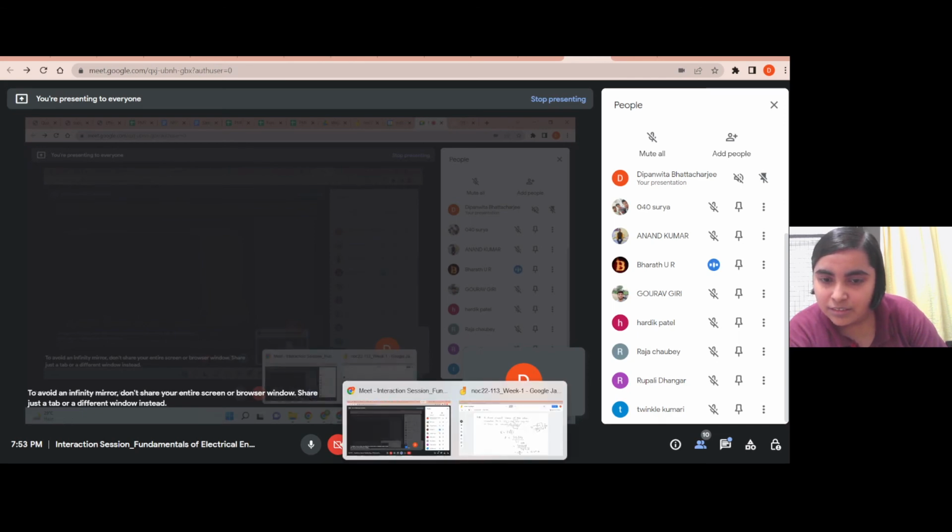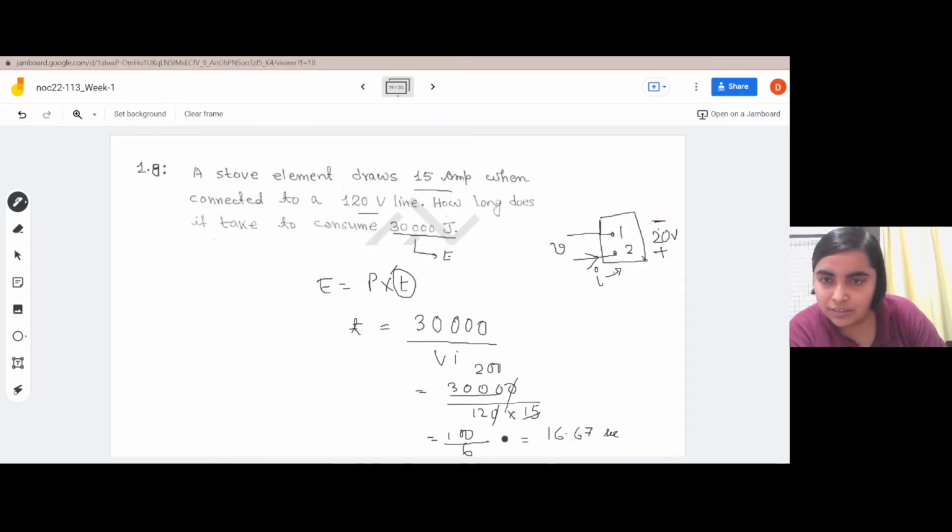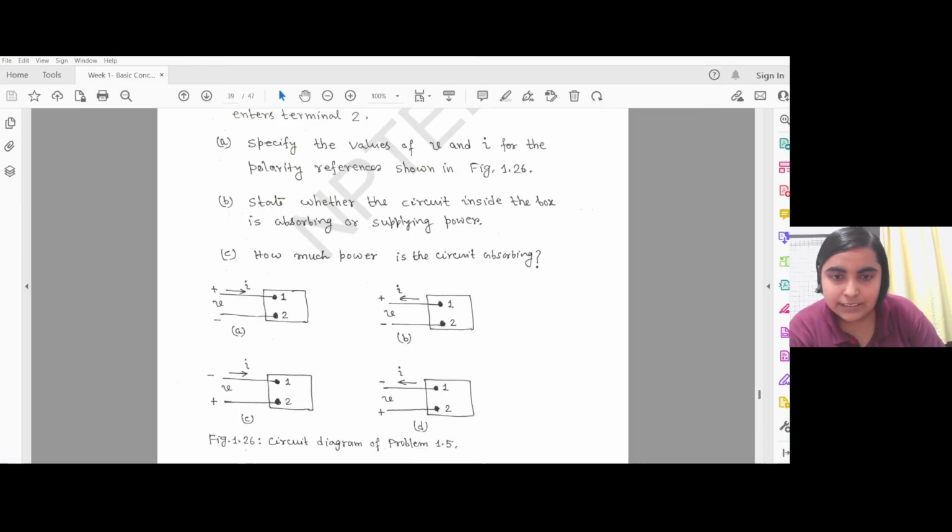When current leaves the positive side, it is absorbing power. So let's say this is a voltage, positive and negative terminal. When current is leaving through the positive terminal, it is supplying power, right? Delivering power. So for this circuit, we have to comment on the box.